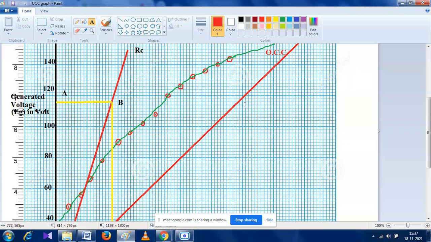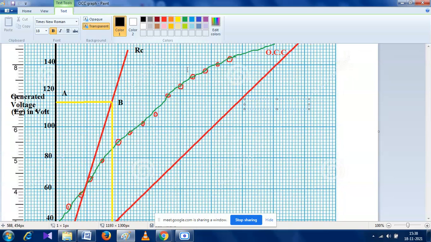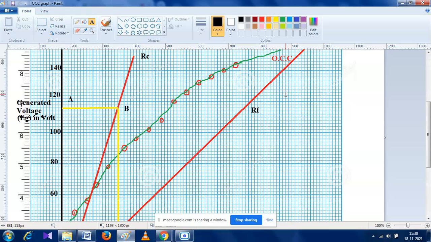This is RF line. This is RF line. अब 786 जो आया वो भी हम कर सकते हैं, कर सकते हैं ना?